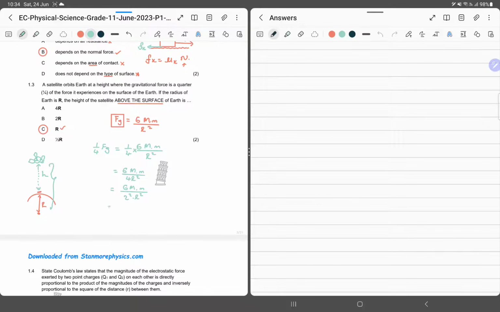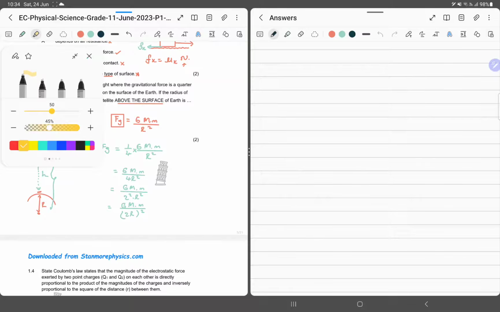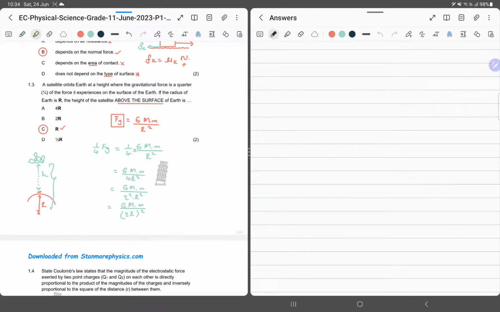Okay, so we can factorize this again, using our exponent rules to sort it out. If these carry the same exponent, we can simply say (2r) squared. Okay, great. So what do we know, guys? We know that this is the distance between the center of the Earth and the center of that satellite.